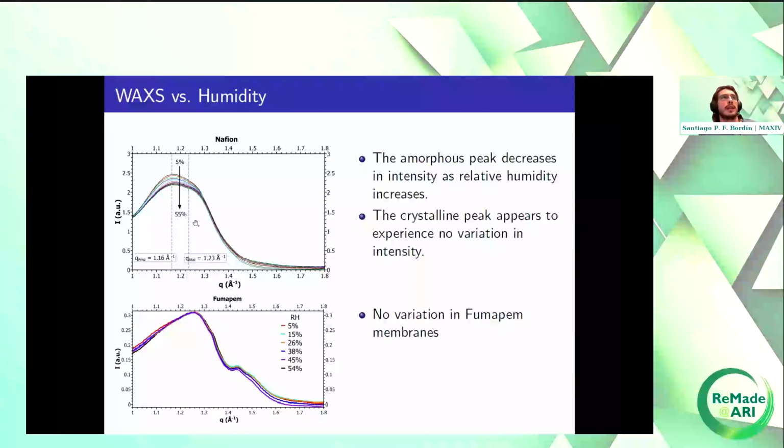So we guess that this decrease is because we have less contrast now with the amorphous part, because we have more water inside the membrane. So there is not too much scattering contrast between these two parts. And then for Fumapem membrane, we can see that at different humidities, there is no variation in the WAXS pattern.